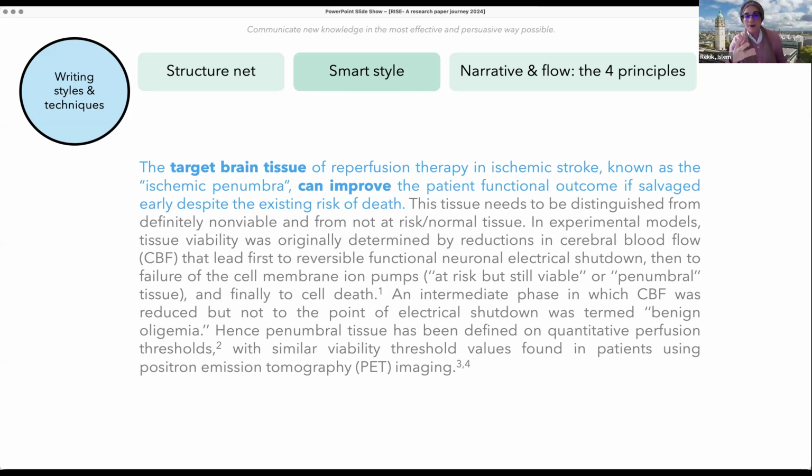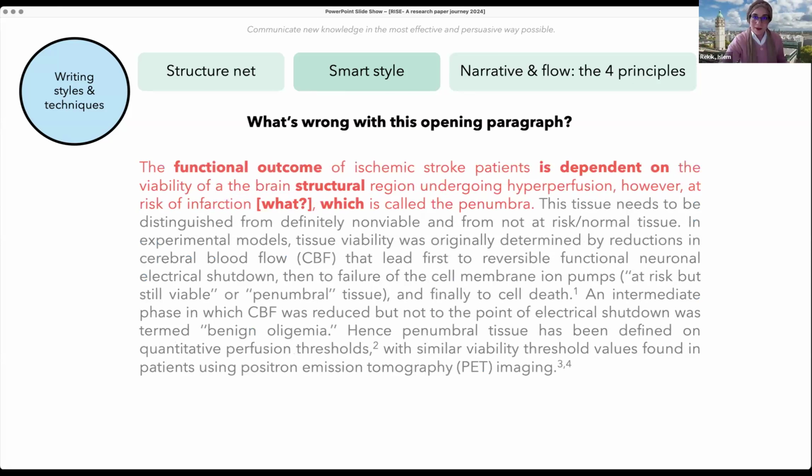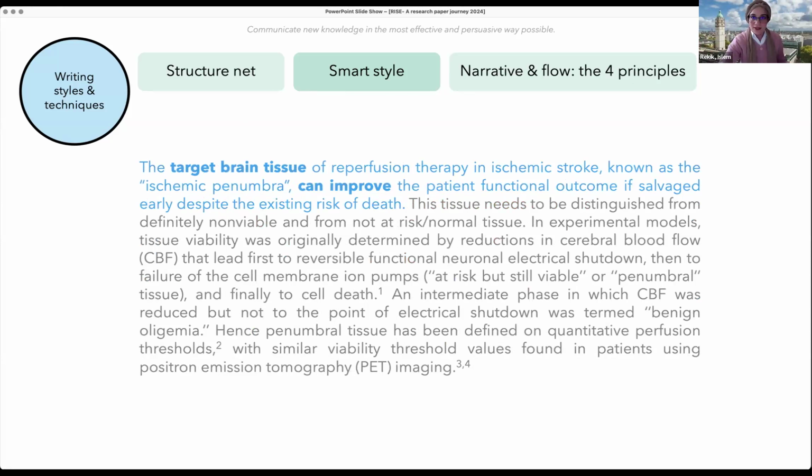And in this paper, they're going to focus on that tissue that we want to save, okay? So not necessarily the functional outcome, which is, by the way, somehow correlated, but not across all studies, to the functional outcome in the previous sentence. What we want to focus on is this tissue, right? The target brain tissue of reperfusion therapy in ischemic stroke, known as the ischemic penumbra.